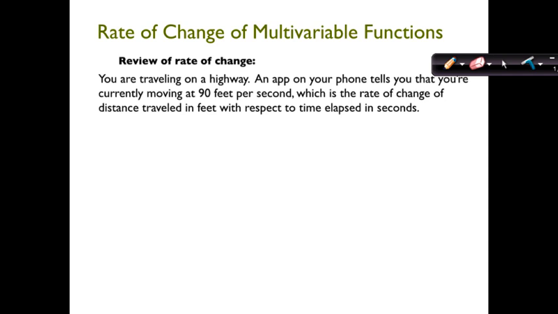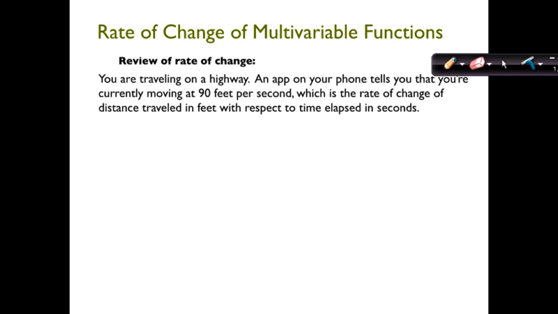Okay, but what does that number 90 mean then? So 90 is the rate of change of number of feet with respect to number of seconds gone by. What does that number 90 mean? Yeah? For every change in seconds, you're moving 90 times feet for that. Okay?